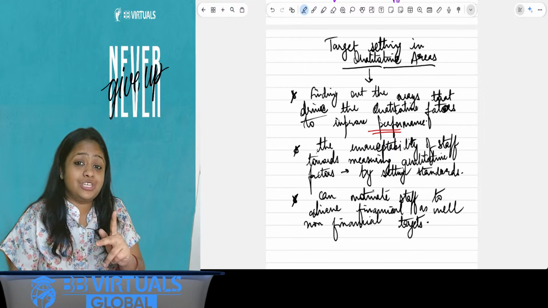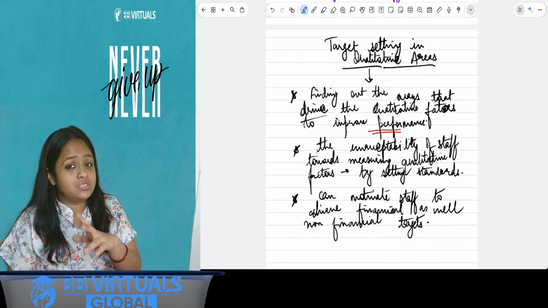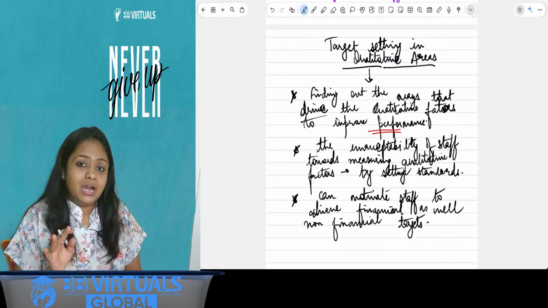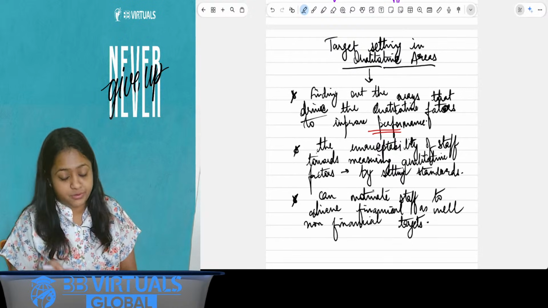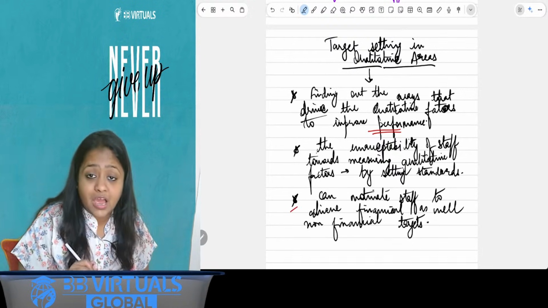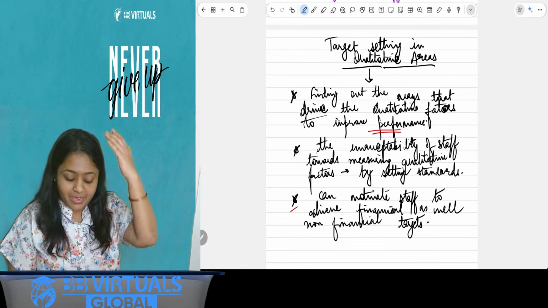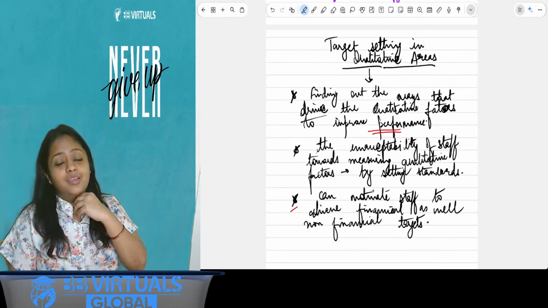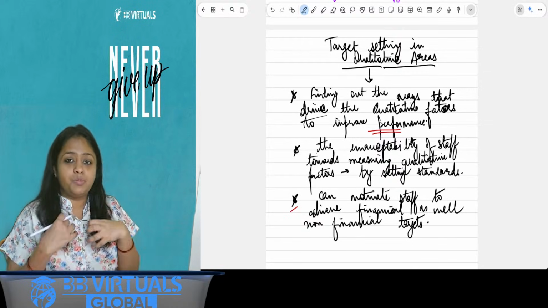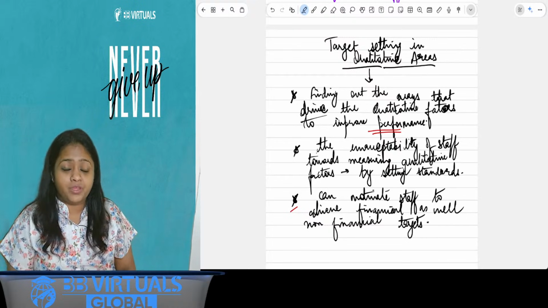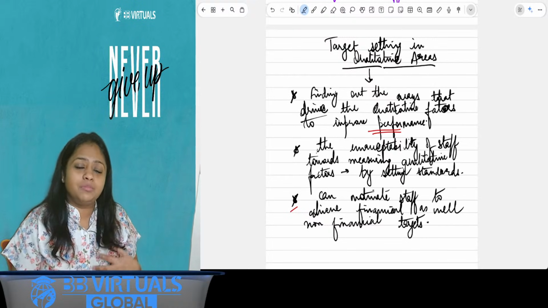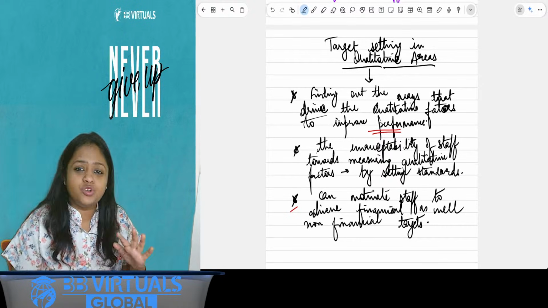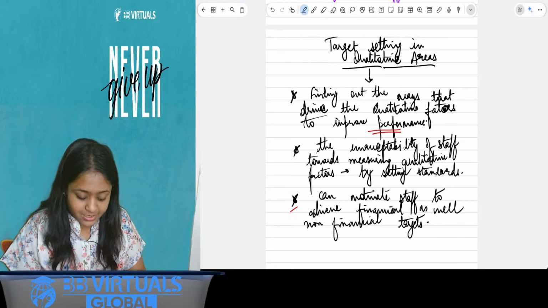Second, please check the acceptability or unacceptability of the staff towards these measures, that the standards we are setting are acceptable to them or not. Then motivate the staff by giving financial and non-financial rewards. Give them employee of the month and a medal, that's a non-financial reward, but along with it give them a 1000 bonus coupon. That is the financial reward. That is all going to motivate the employees. Clear? Okay, let's go further.